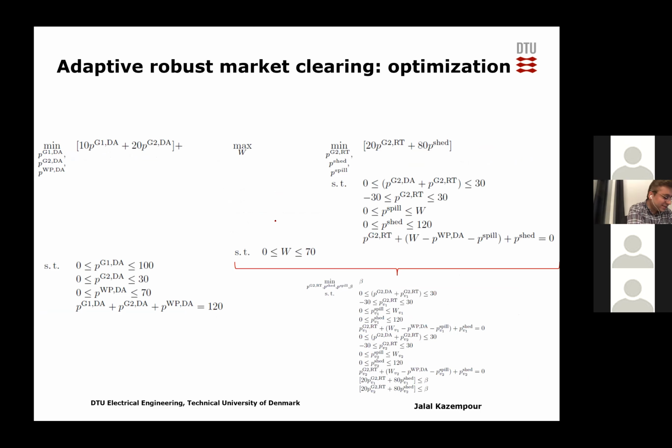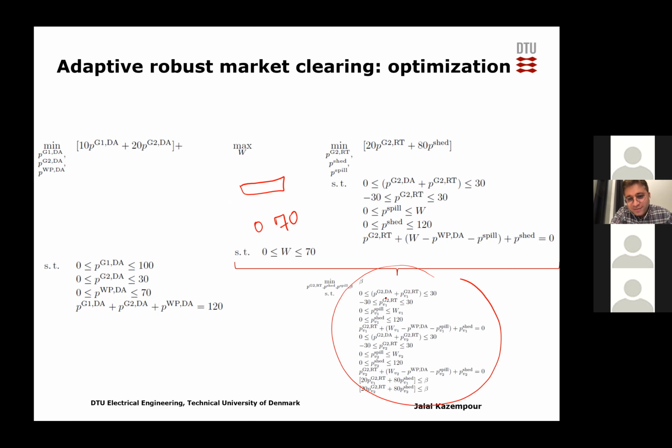Here we have two vertices, either 0 or 70. It's not even a box, it's just a range from 0 to 70. So the worst case is either 0 or 70, and we can write an optimization problem like this instead of a max min problem. But here the problem is that for each vertex, you need to add one constraint.